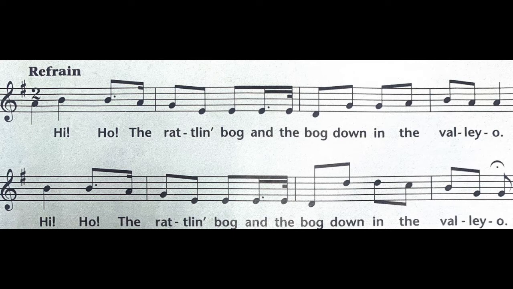Hi-ho, the rattling bog in the bog down in the valley-o. Now in this bog there was a tree, a red tree, a rattling tree. The tree in the bog and the bog down in the valley-o. Now on this tree there was a limb, a red limb, a rattling limb. The limb on the tree and the tree in the bog and the bog down in the valley-o.